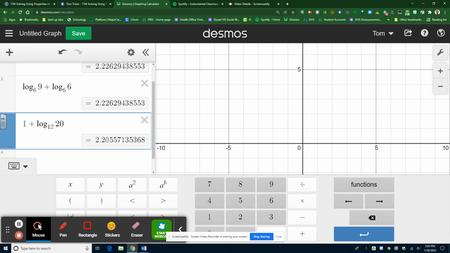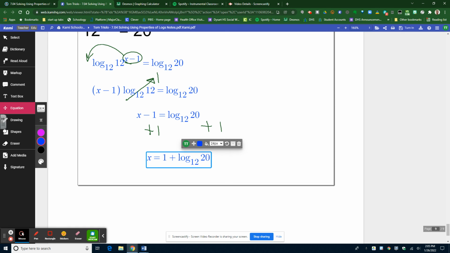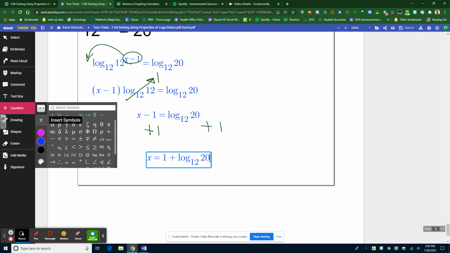So if I add 1 to it, wouldn't it be 2 point something? If I grab 5 decimal places, there we go. Copy. I'm going to put my little squiggly, showing my answer is not exact, and then paste.